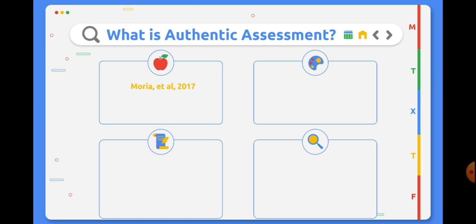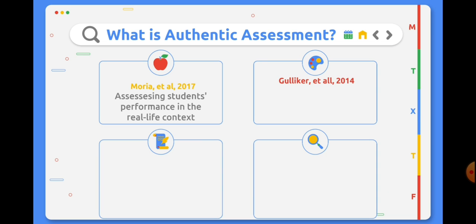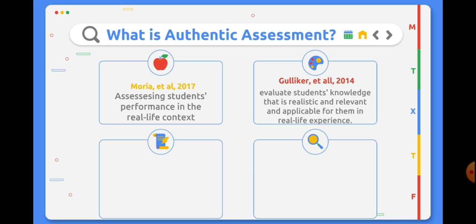According to Moria et al., authentic assessment is assessing students' performance in the real-life context. Based on Guliker et al., authentic assessment is to evaluate students' knowledge that is realistic, relevant, and applicable for them in real-life experience.